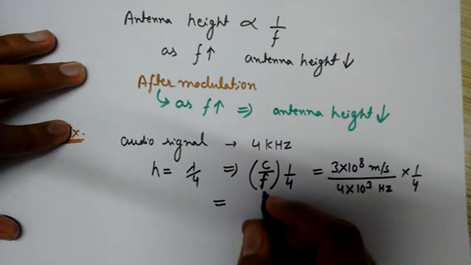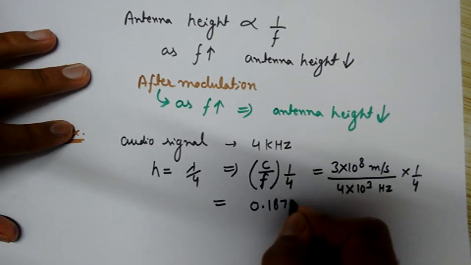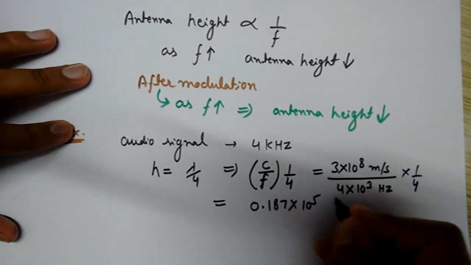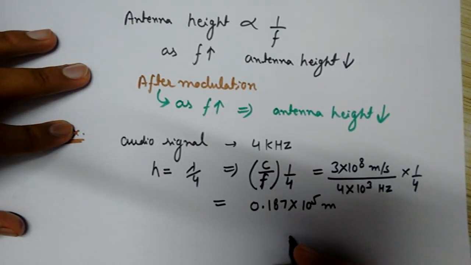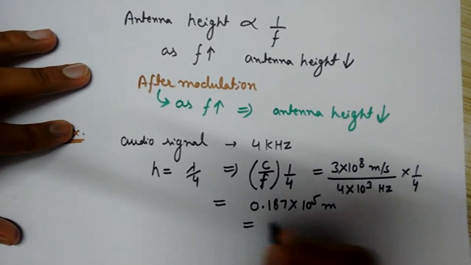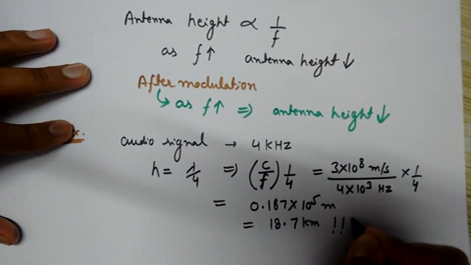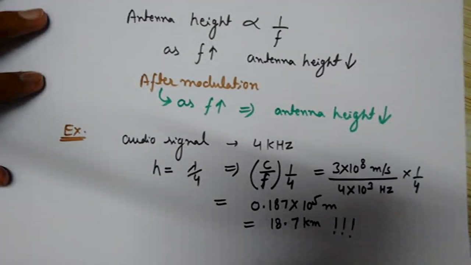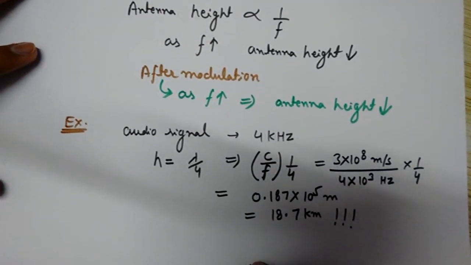So it comes out to be equal to 0.187 into 10 raised to the power 5 meters, or 18.7 kilometers. Oh my god, it's a too big and impractical height of the antenna.